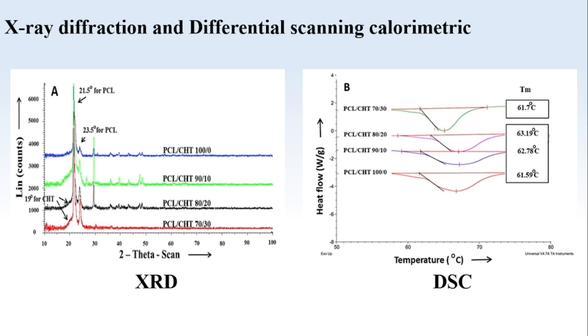Therefore, the study monitored the variation of PCL melting point in the planes by altering the composition of chitosan. Contrary to some reported data, the study found that increasing the chitosan weight percent generally increases the Tm, except for the PCL chitosan with 70-30 ratio, where it decreased.